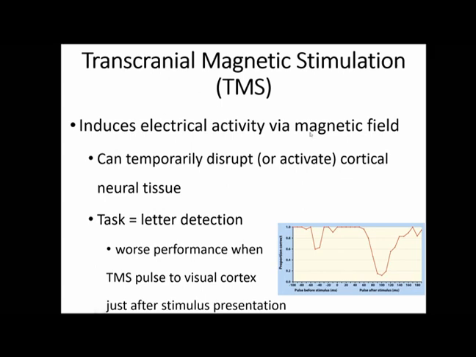So it can cause them to fire, it can keep them from firing. It's mostly just going to disrupt our cortical neural tissue. So it's going to disrupt functioning in the part of the brain that that magnet is applied to.